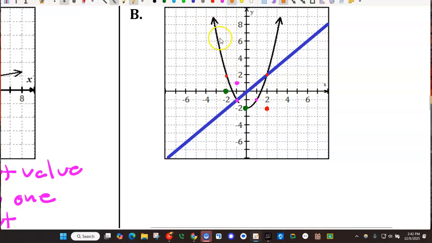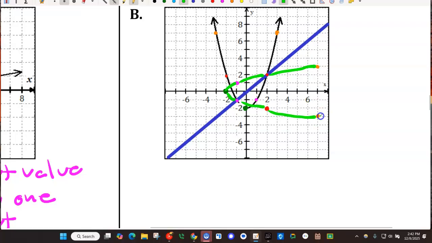And just carry on. We have 3 and -3. And once you get all those graphed, we got this.